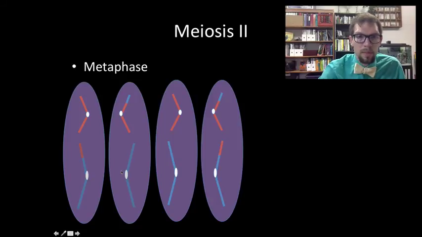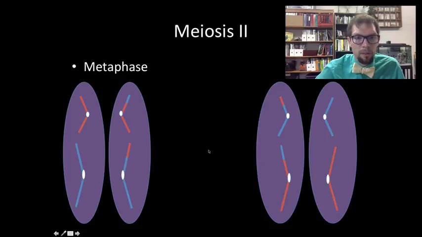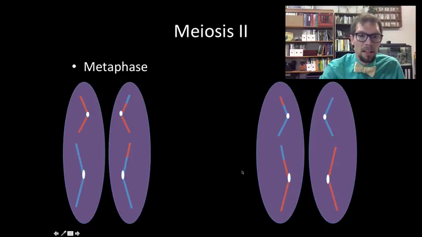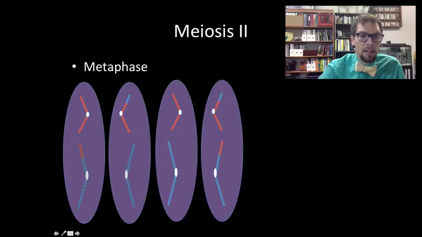So in this slide, I'm showing the four different cells that are being produced from these. In this next slide after this, I'm just looking at these and seeing how they could be oriented differently. So you can see this in the middle here is how they're originally oriented in the previous slide, where you have the two sister chromatids that had the crossing over occur on one side, on the same side.